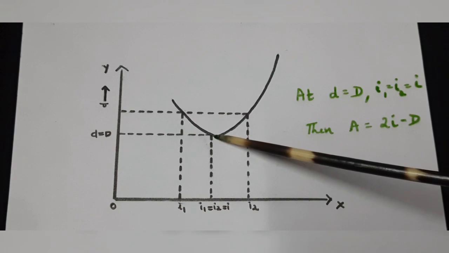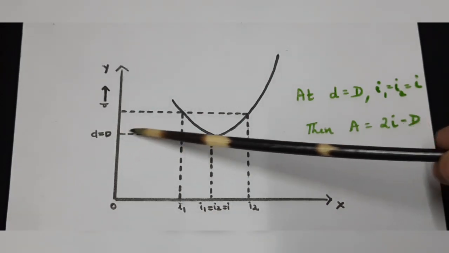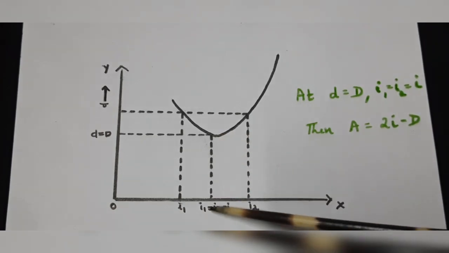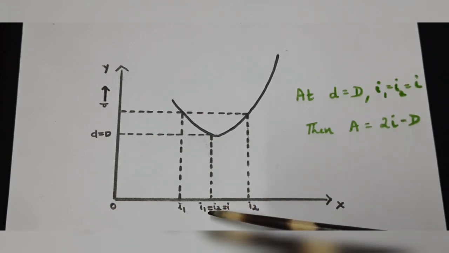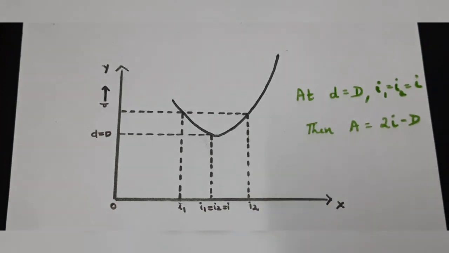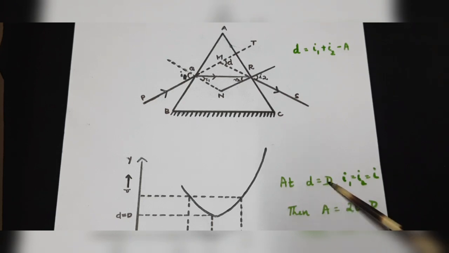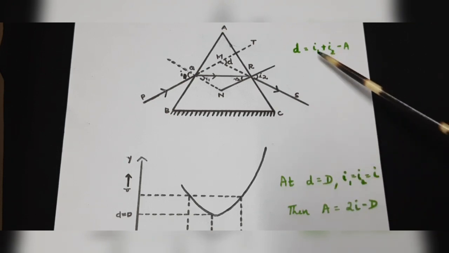This angle of minimum deviation, which I would like to call capital D, is where small d equals capital D at this point. This point will correspond to one single angle of incidence, which I would call I. So at this point, I1 equals I2 equals I. That is, when the deviation equals minimum deviation capital D, then I1 equals I2 equals I. This relation, we can use over here.